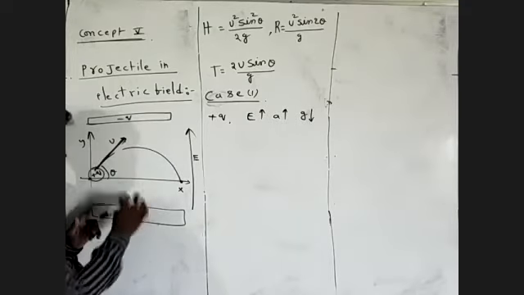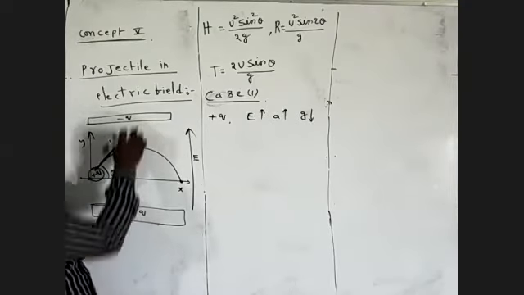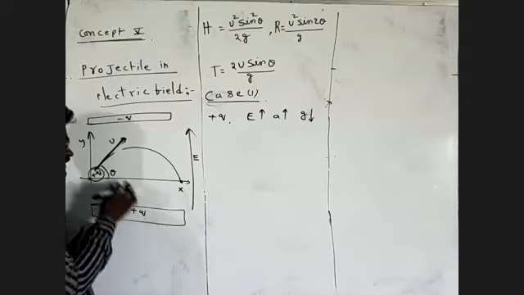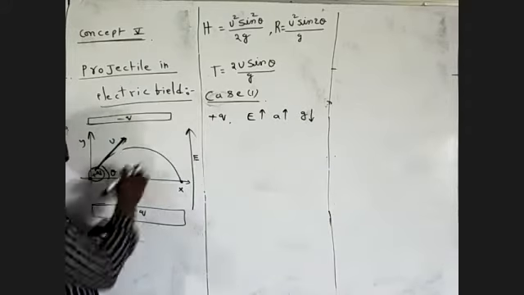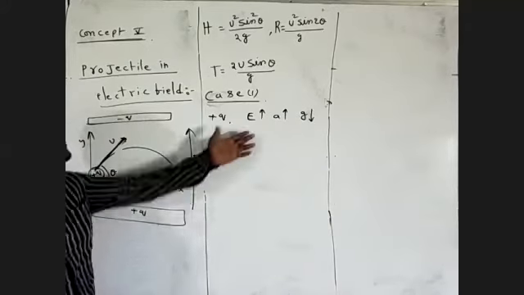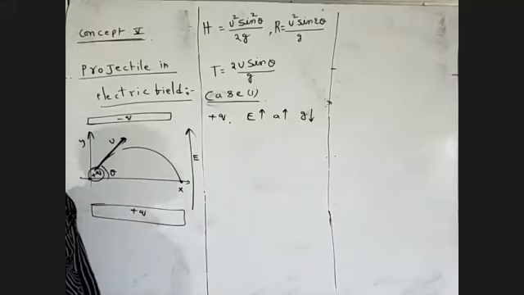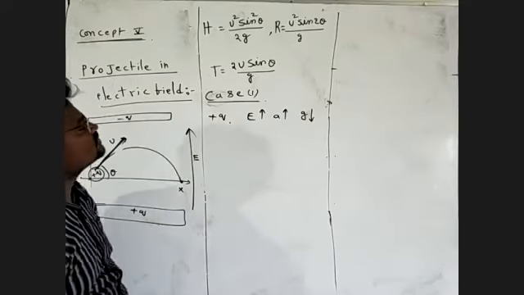The positive plate will repel the charge, so the acceleration of the charged particle is in the upward direction.